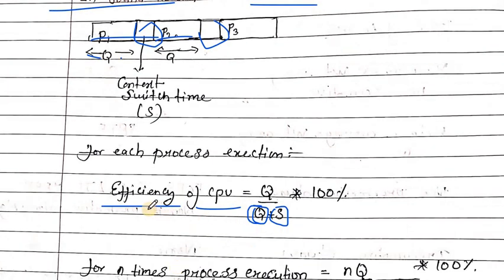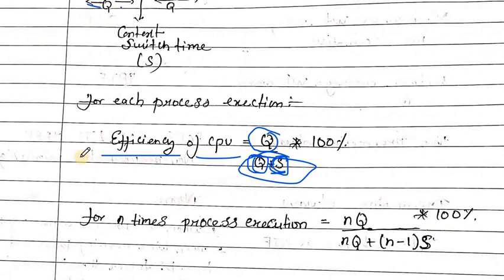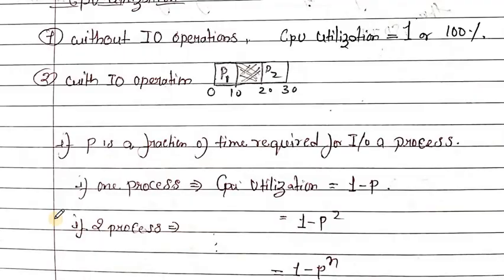To find the utilization or efficiency of the CPU, we see how much time the CPU executes out of the total time. After adding context switch time, taking it over 100%, we will get the efficiency of the CPU. If there are n process executions, then we add n and n minus 1 context switch times, the number of times context switches happen.